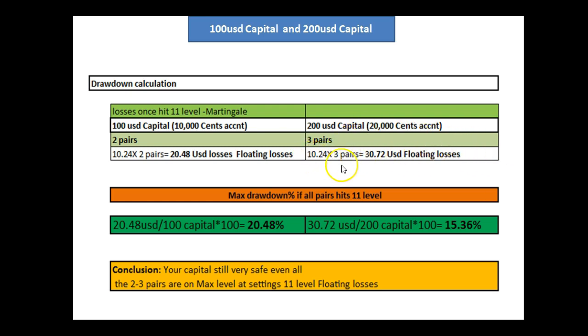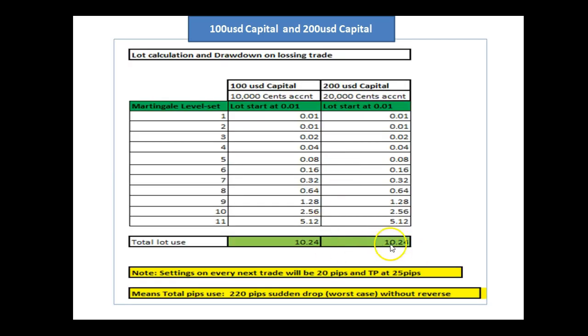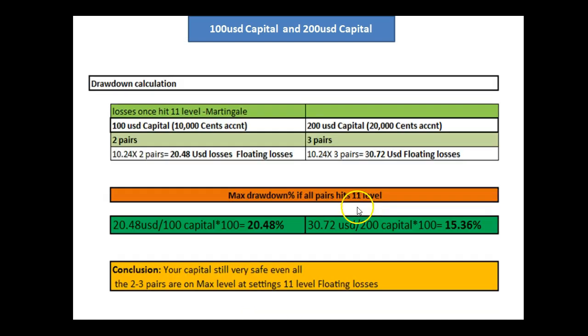So remember, this one is at 10.24, the total lot size used when we reach about 220 pips. Lot size multiplied by 3 pairs is equivalent to 30.72 US dollars of floating losses. You divide it by your capital and multiply by 100%, and this is your 15.36%.